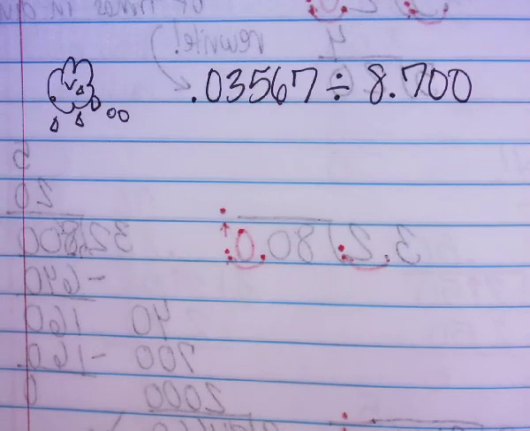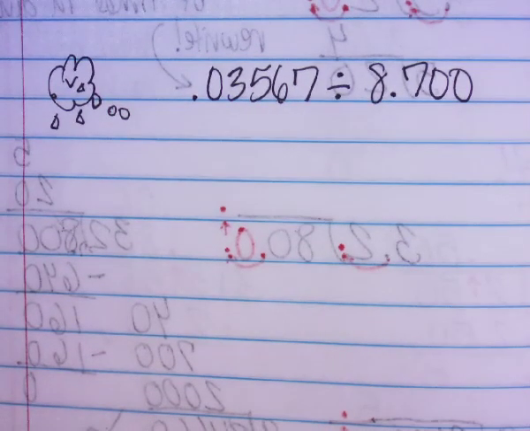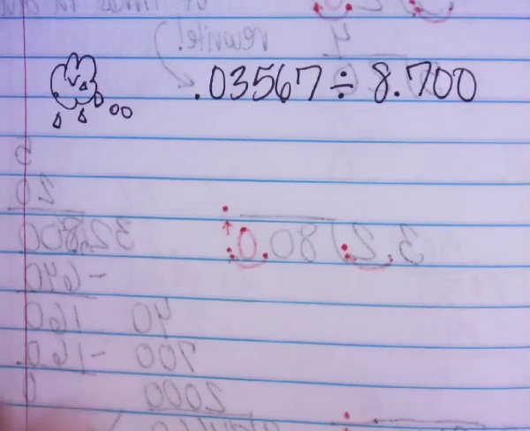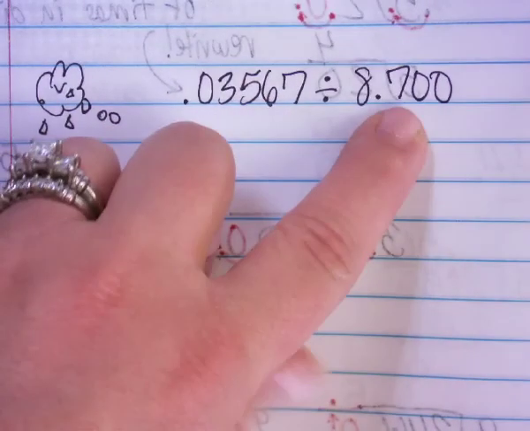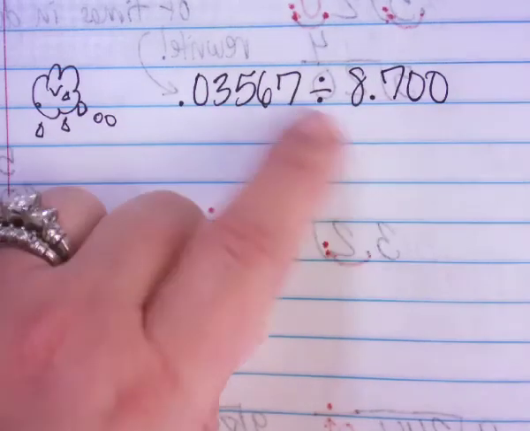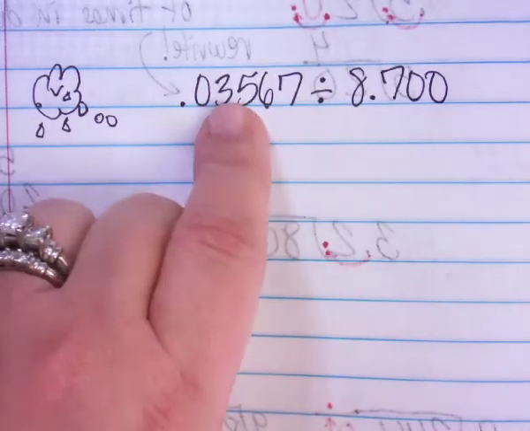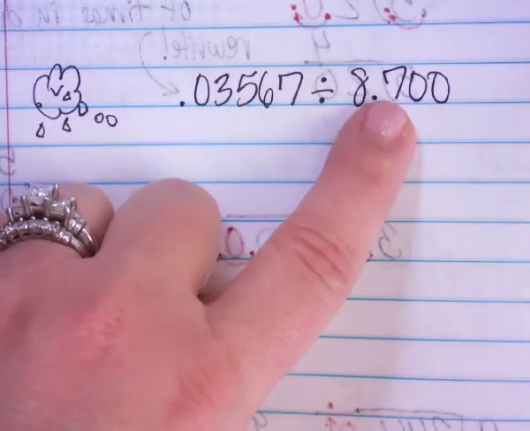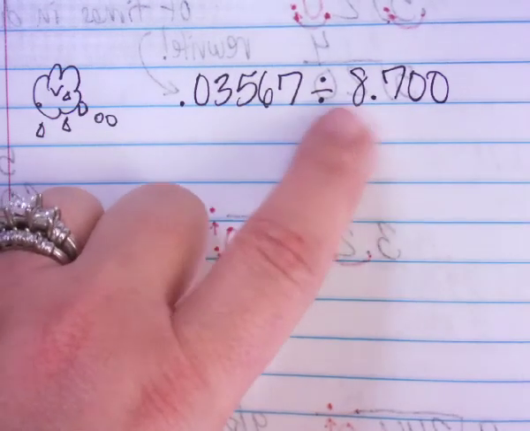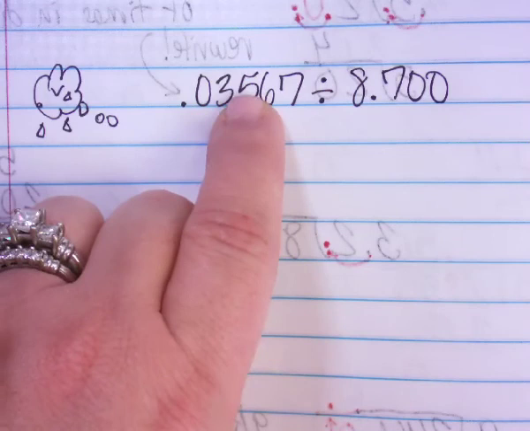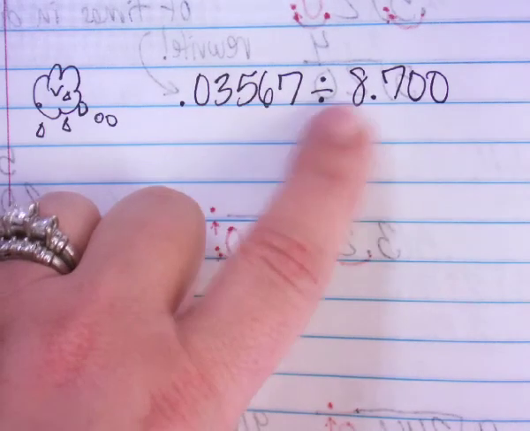What part is being divided? This one's being divided by 8.7. This says divided by. This is the total that you're splitting up, divided by that.